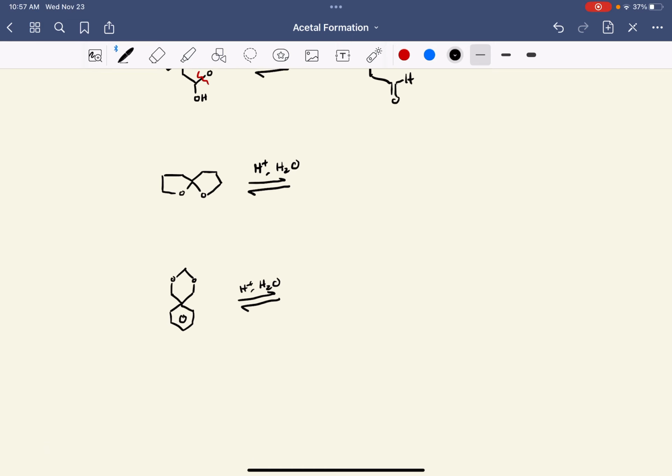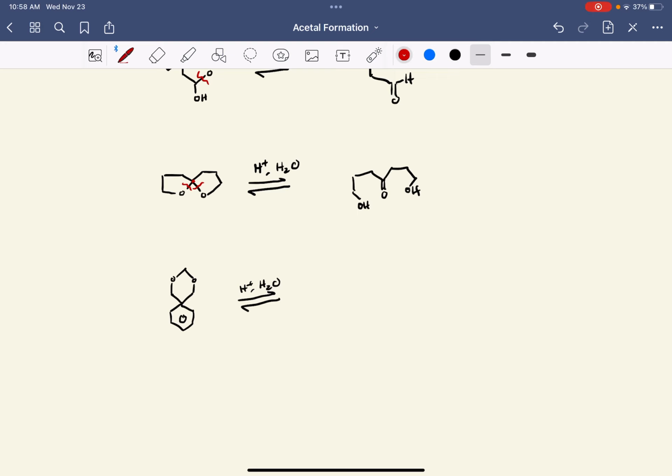For these acetals, what you need to look for is the carbon that is attached to both oxygens. You draw a disconnecting line, and you want to redraw the molecule. But instead, the carbon turns into a ketone, and the oxygens turn into alcohols.